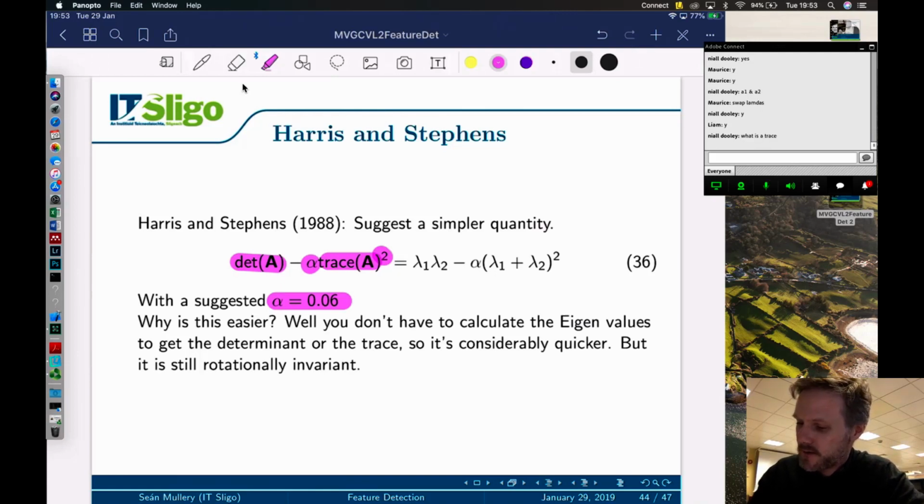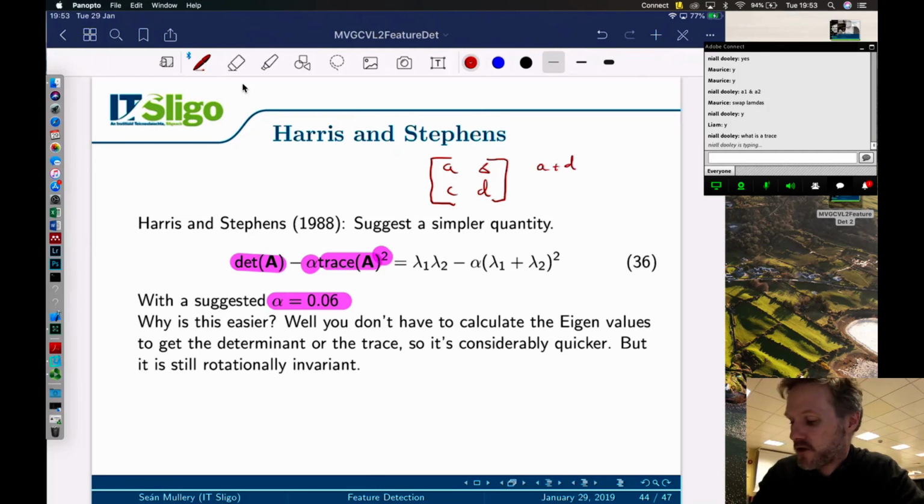What's the trace? If we have a 2 by 2 matrix, A, B, C, D, the trace is A plus D. Okay, so that's the trace. It's just the ones down the diagonal there. What's the determinant of a 2 by 2?